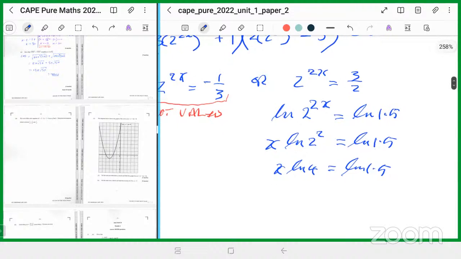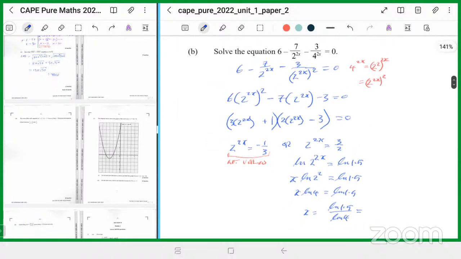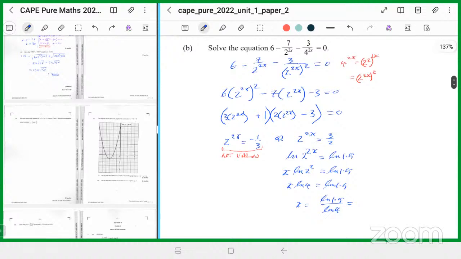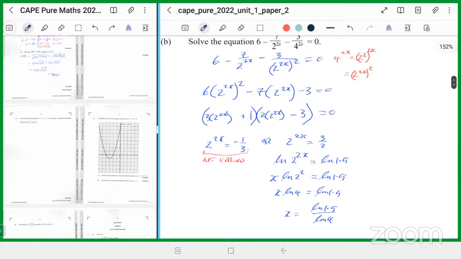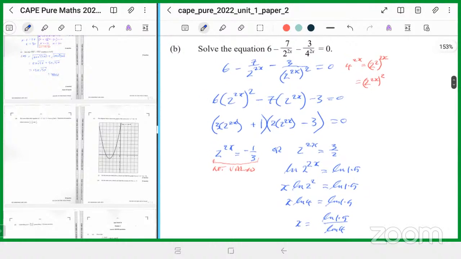And divide by this, we get x equals ln 1.5 over ln 4. Whatever that works out is the answer. That's it. Whatever that works out is the answer right there.